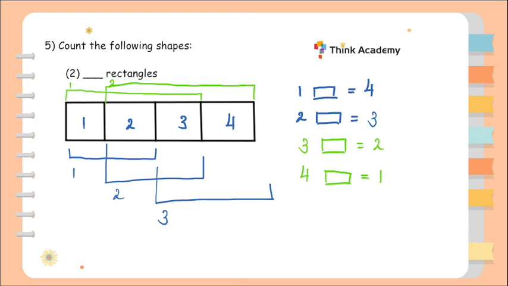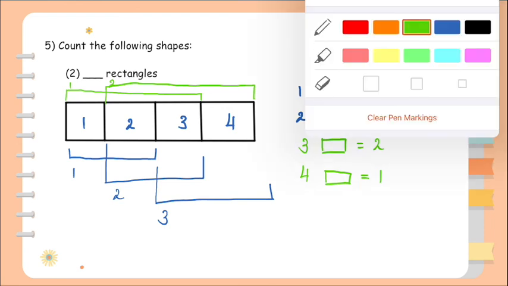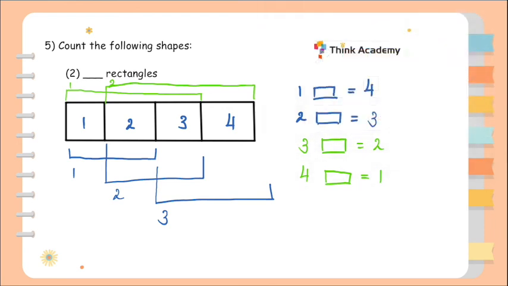Okay, that is just very, very great. And I want to know, for the very last one, how many rectangles do we have on the following shape? So we have to count the total, which is 4, plus 3, plus 2, plus 1, which gives us 10. So in total, we have 10 rectangles.